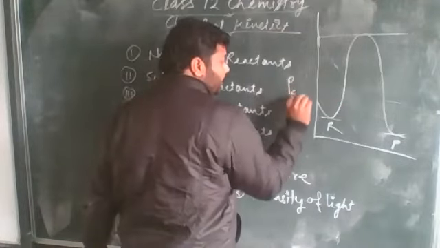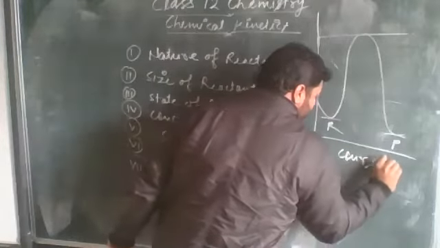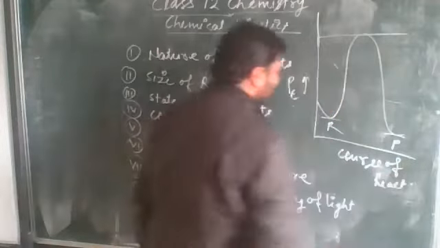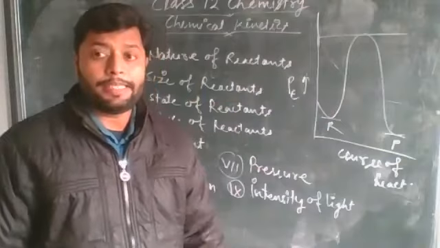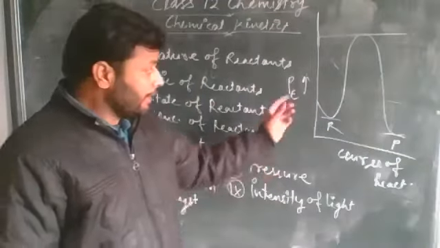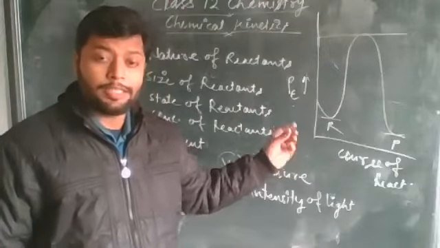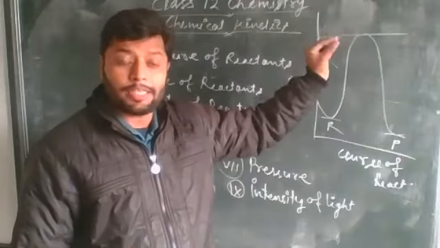Potential energy, course of reaction. It is observed that during collision of the particles of reactants, they form a complex at an excited state.